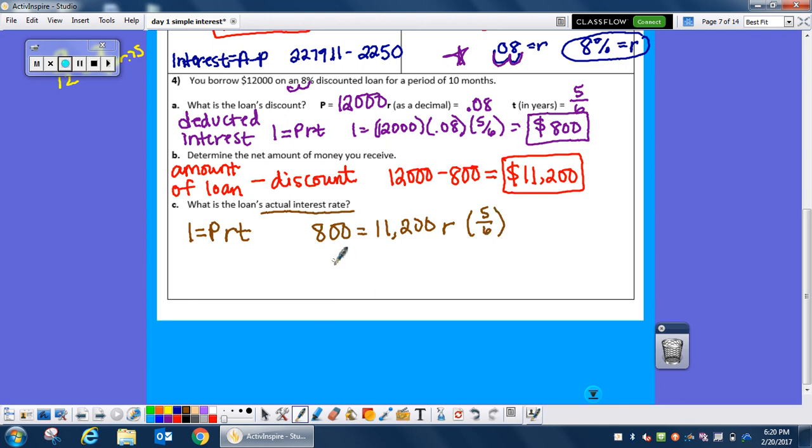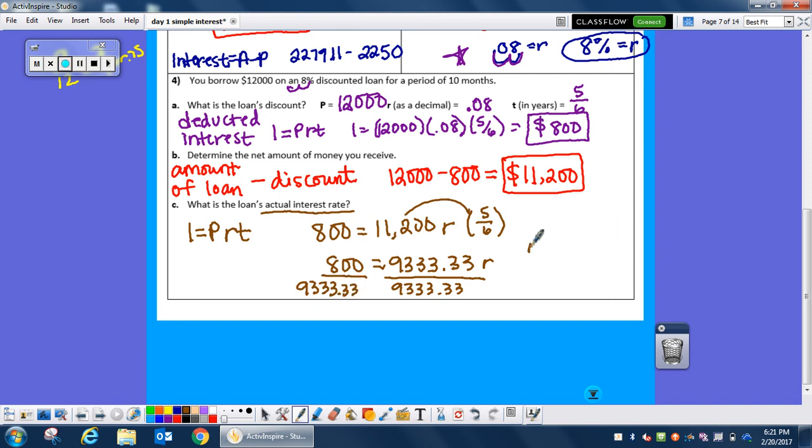Okay, so multiply through, leaving your variables, so do that multiplication. Comes to this, and you should be checking on your calculator. And then to solve for R, divide everything. And we're going to have to round.